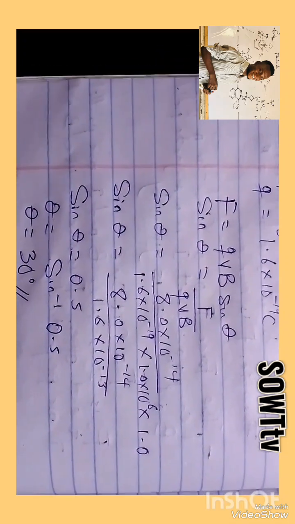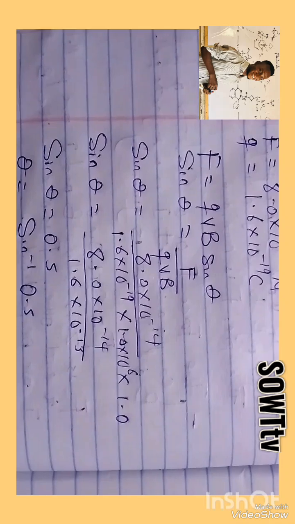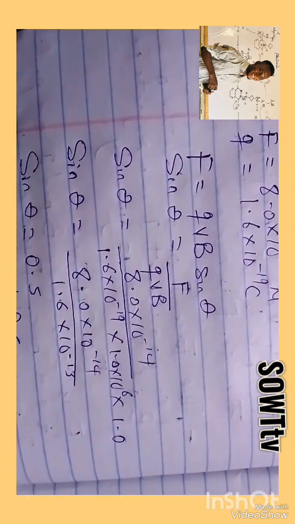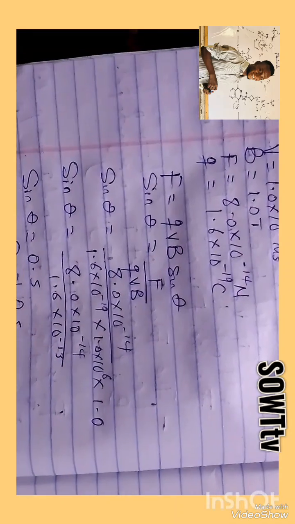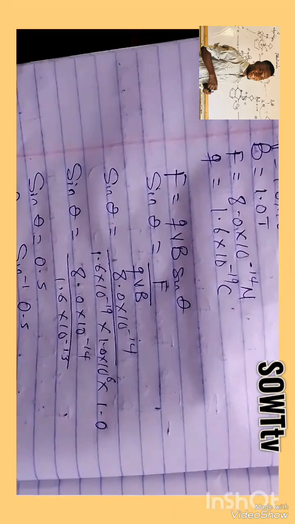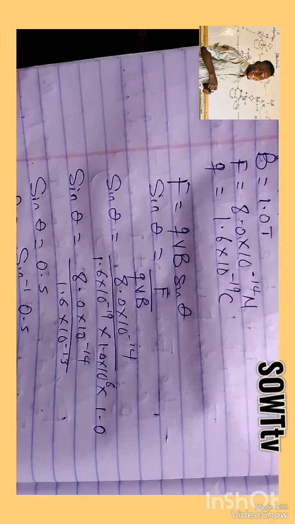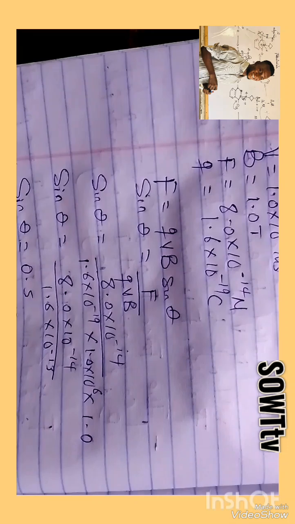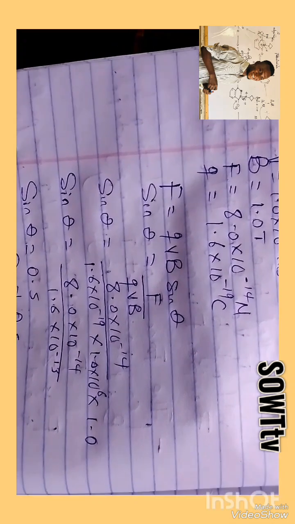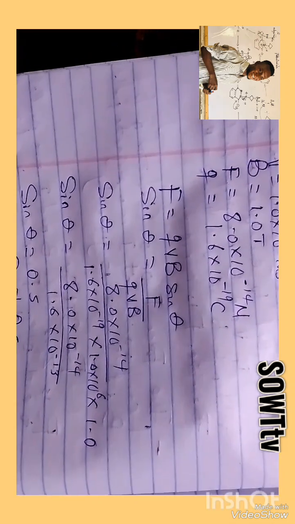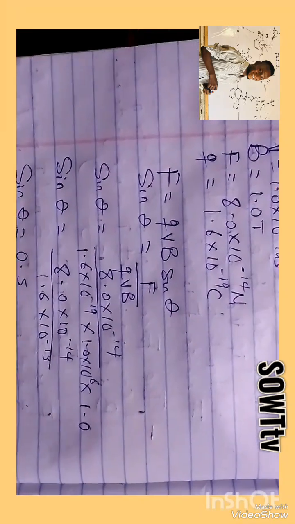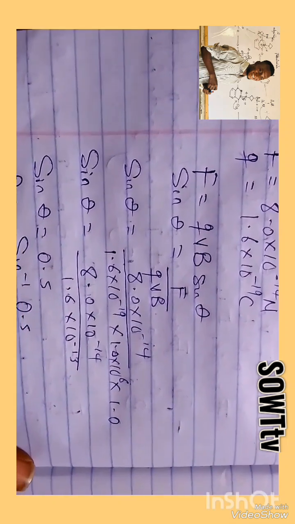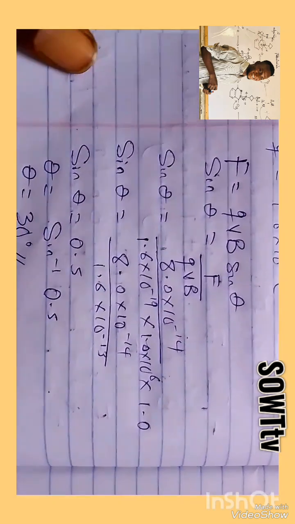If you press your calculator very well, and for the sake of those that will have no access to calculator in an exam, you can have 8.0 over 1.6 times 1 times 1. Then your exponentials will be in one place using the law of indices. When you have times 10 to the power minus 14, when minus 19 is coming up, it's changed to plus. When 6 is coming up, it's changed to minus. Then you have it together and get your answer.